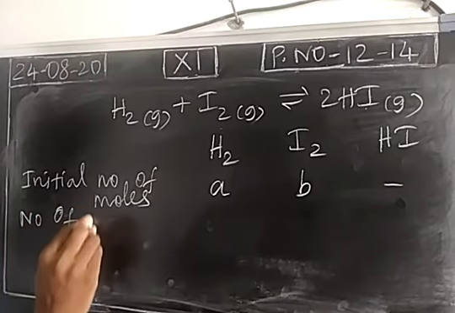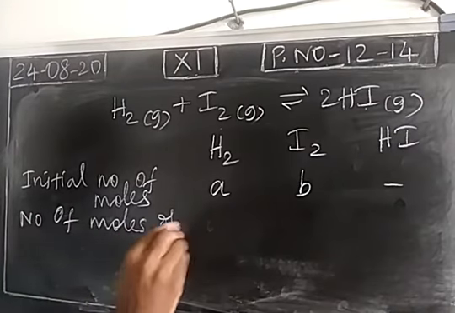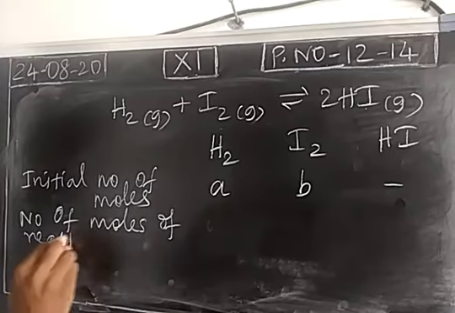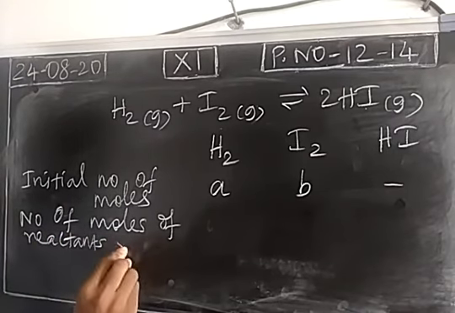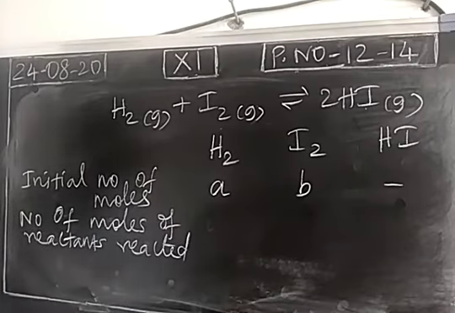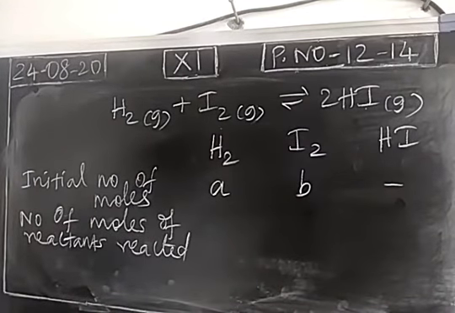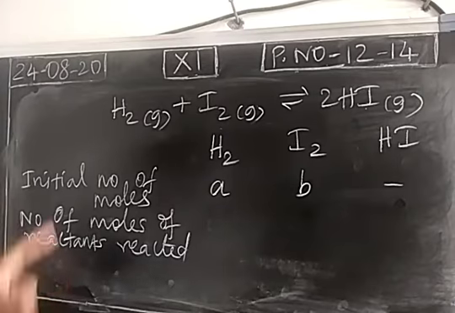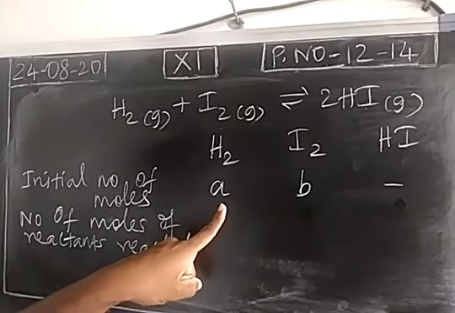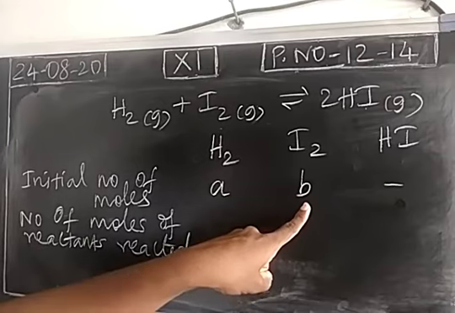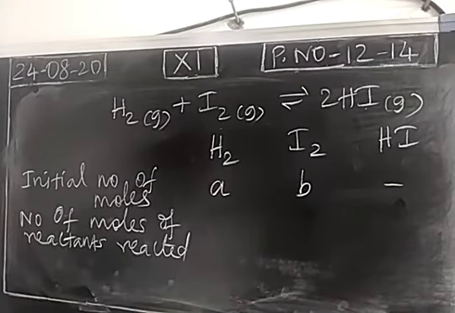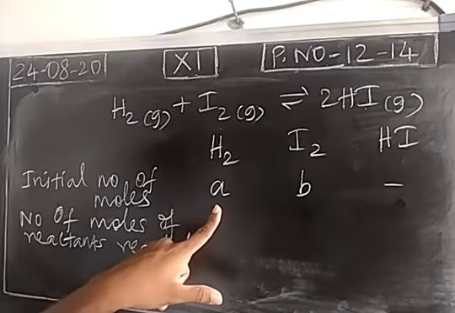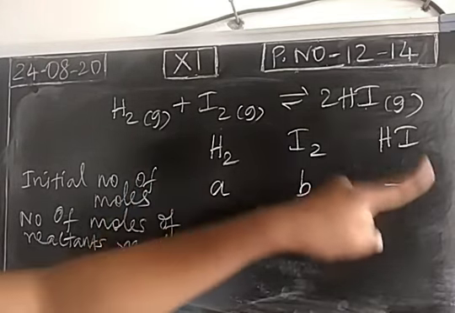Then the number of moles of reactants reacted. So how many moles of reactant are involved in the reaction to form the product. So this is at time t equal to 0. Before the reaction starts, we have A mole of hydrogen and B mole of iodine. Now the reaction starts, and at one particular time, for example 15 minutes or half an hour, we find from A mole of hydrogen how many moles of hydrogen are converted into product.